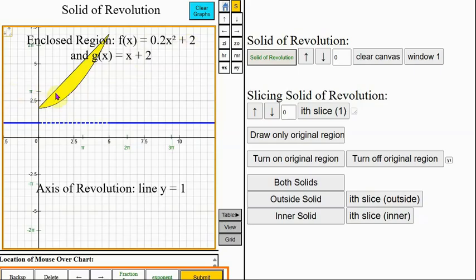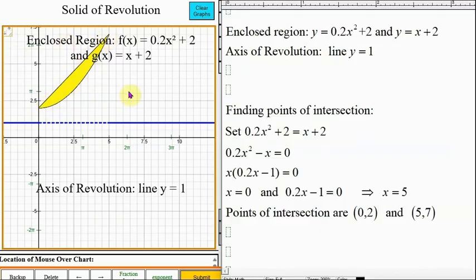And so the first thing we want to do is find the points of intersection, see where these two graphs intersect, meaning we want to find this point right here and then this point right here. And so to find the points of intersection, we just set the two functions f of x and g of x equal to each other and then solve for x.